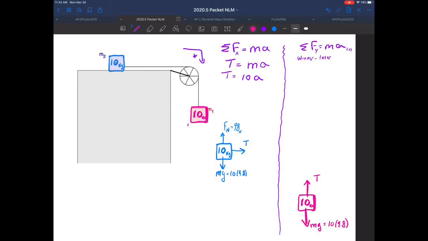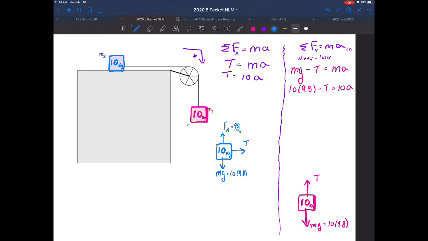It's bigger than tension, because this system will be accelerating downward. mg is downward. So you're going to have winner minus loser equals ma. And we can fill in some numbers here. So 10 times 9.8 minus T equals 10a.